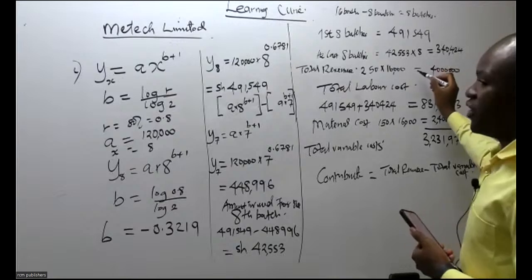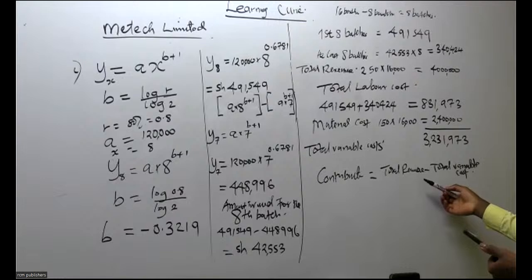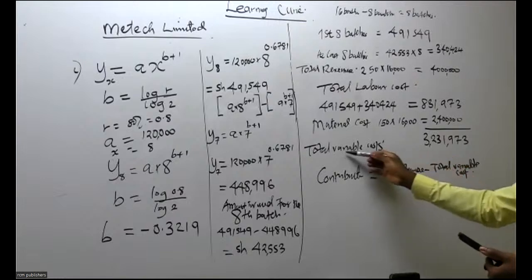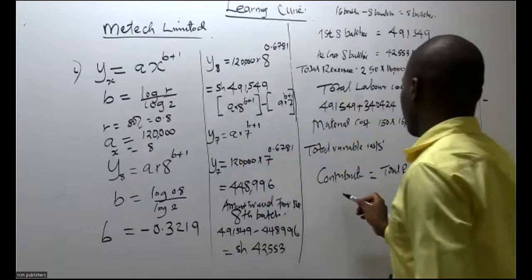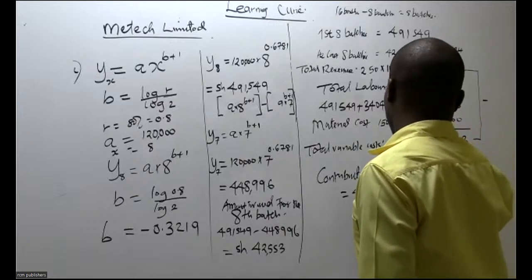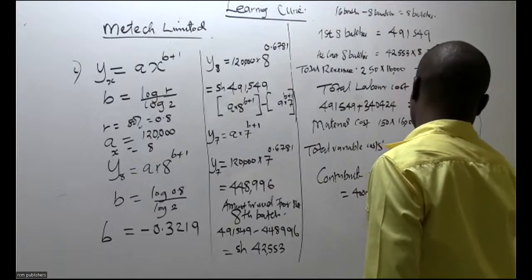When I take my revenue, which is 4 million, less total variable cost, I should be able to get contribution. So go ahead and give me contribution.